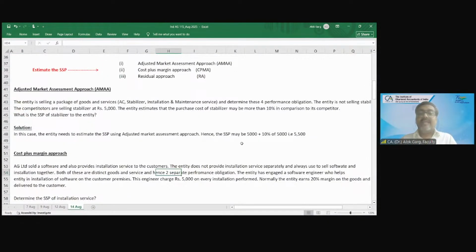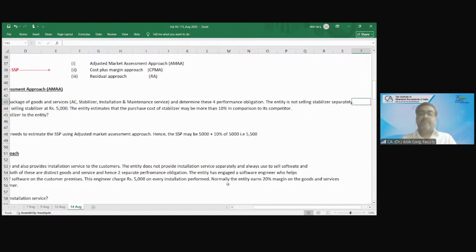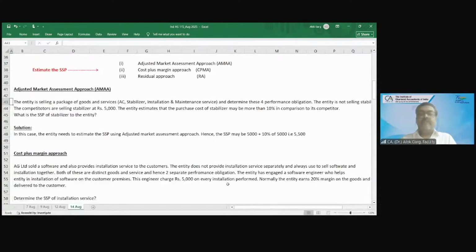The entity is selling a package of goods and services: air conditioner, stabilizer, installation and maintenance service, and determines these 4 performance obligations separately. The entity is not selling the stabilizer separately.